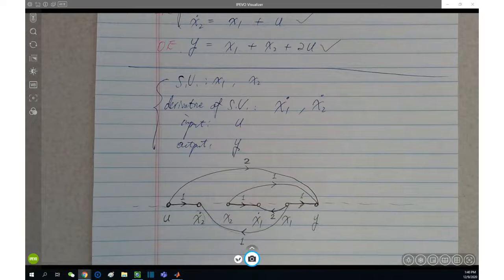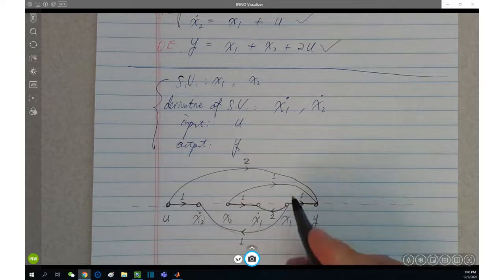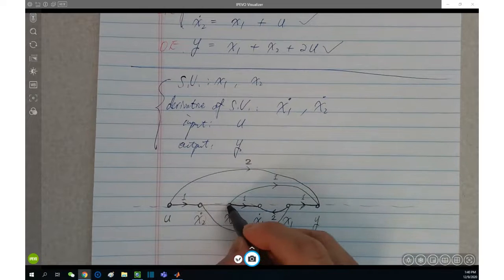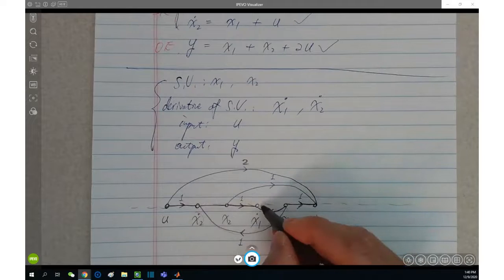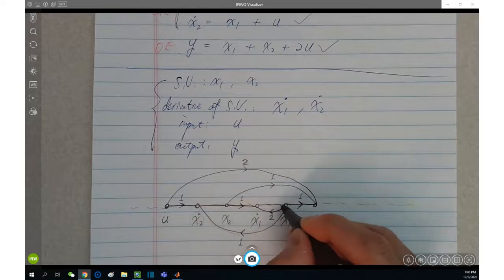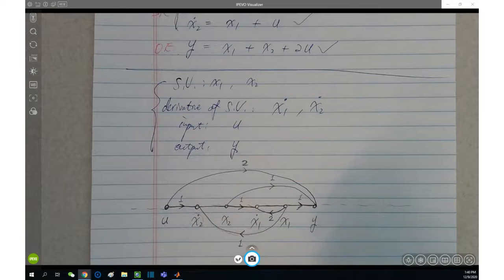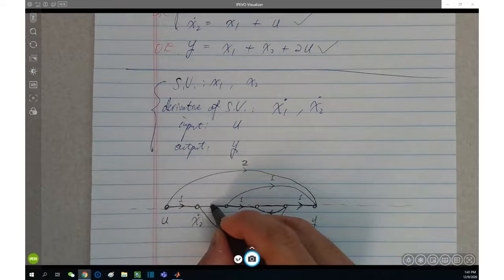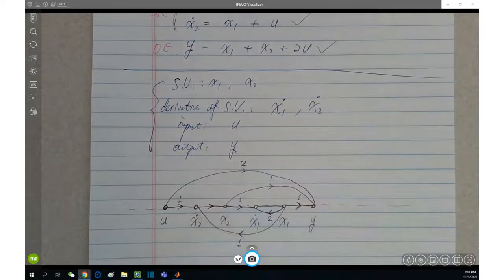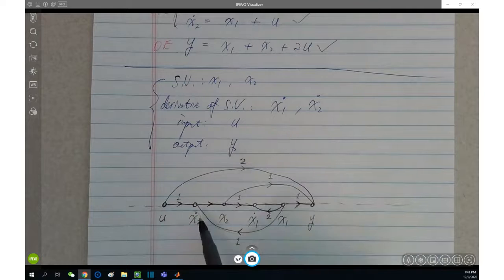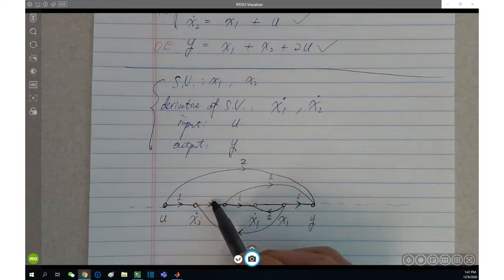But last, not the least, remember, between x2 and x2 derivative, and x1 derivative and x1, we also have a relation. We want to connect the derivative of the state variable and the state variable themselves. And if we are talking about the course right direction, then x2 dot to x2, what is the gain here?